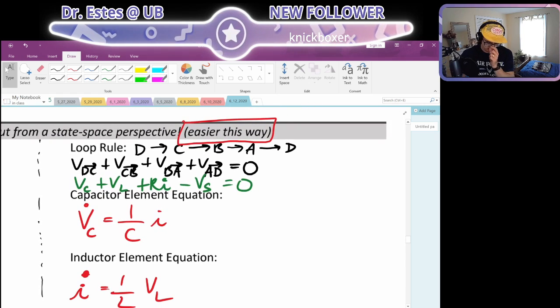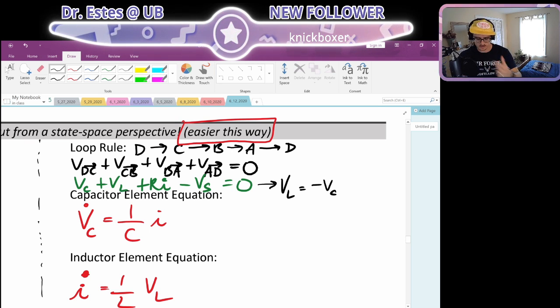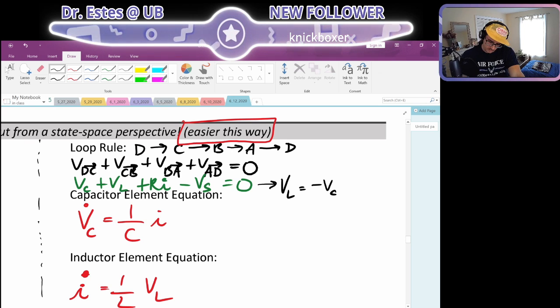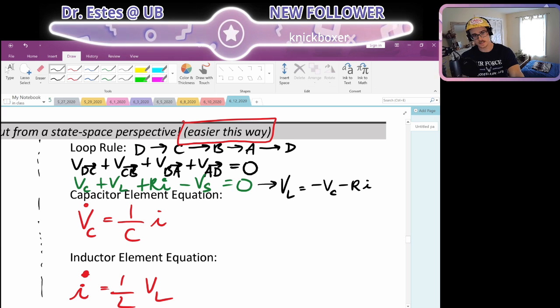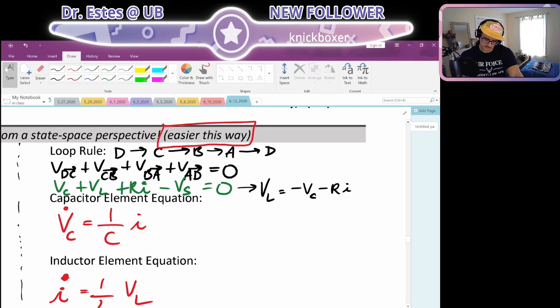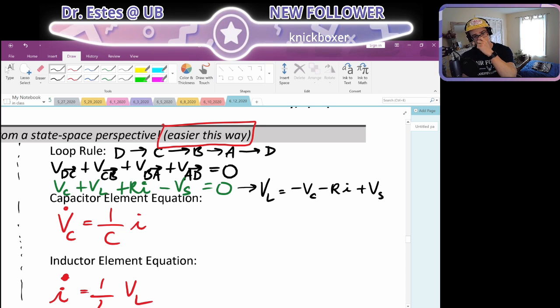Boom. VL is minus VC. VC is a state. Minus R times I. I is a state. And plus VS, where VS is an input.